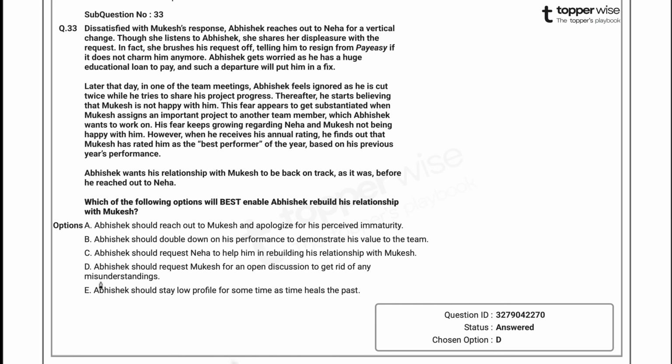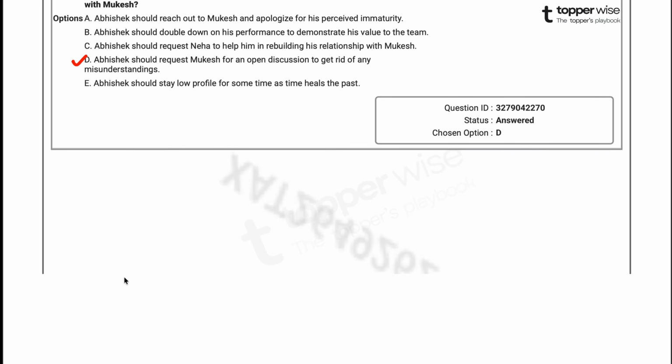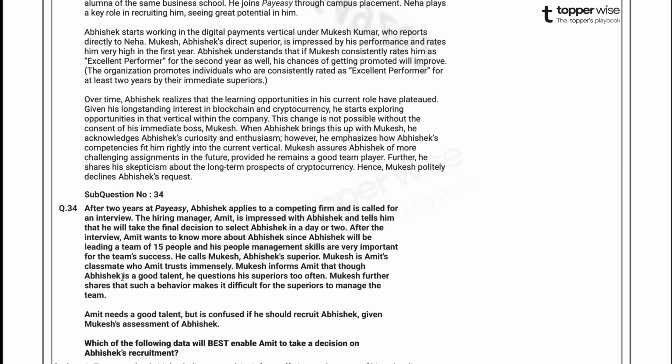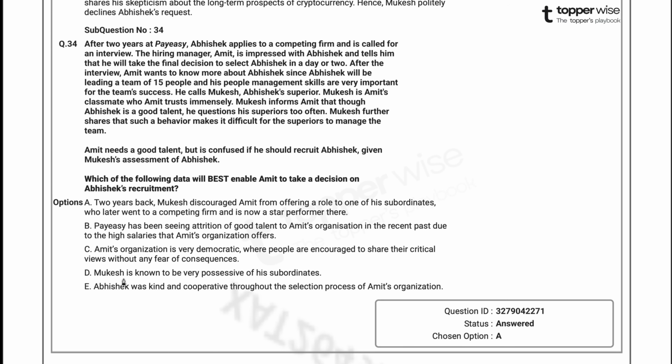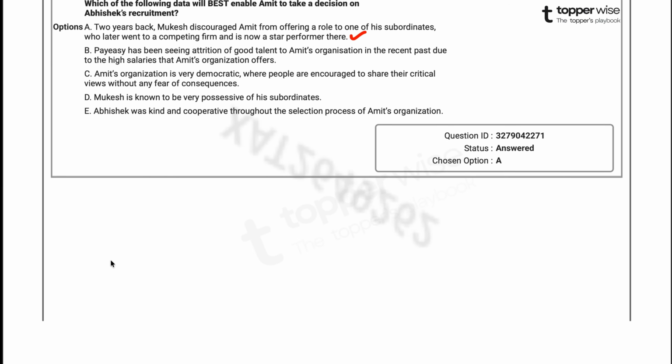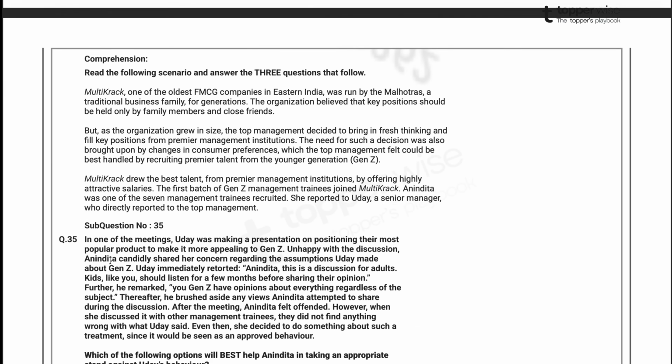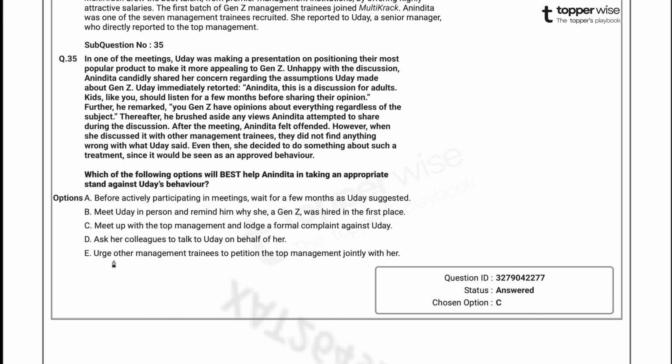And if we are moving to 33, for 33, option D is correct. Moving to 34. For 34, option A is actually correct here. For 35, if we see, option C is correct here.